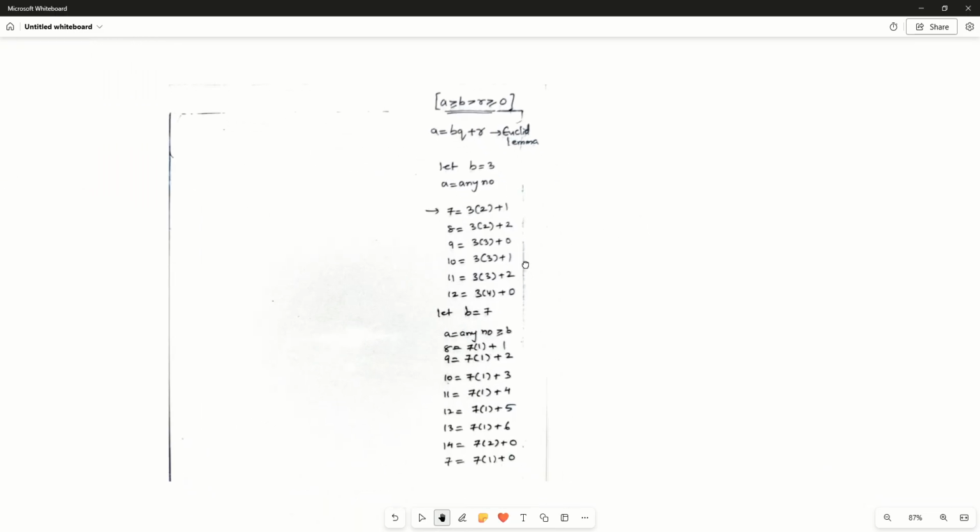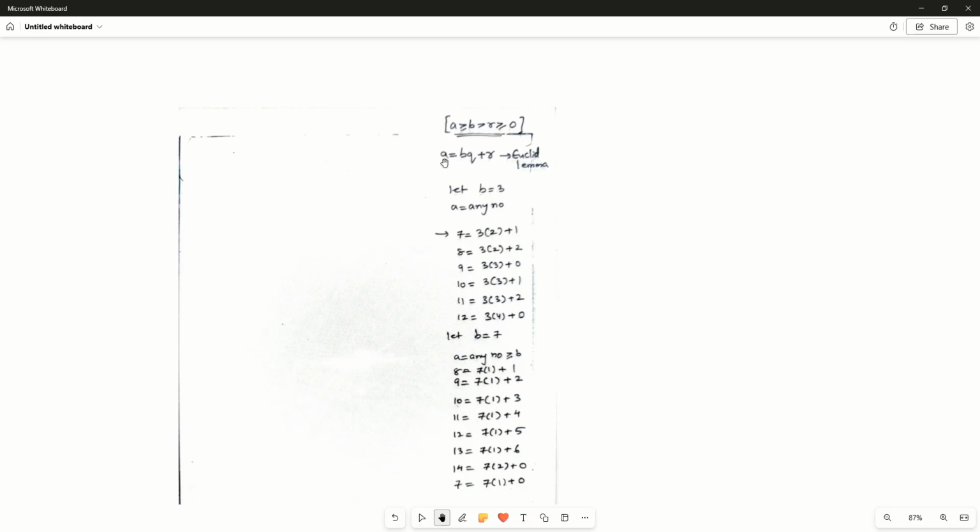Now if you look closely here, we can use this lemma, or the expression a is equal to bq plus r, where a is greater than or equal to b and b is greater than r is greater than or equal to 0. For example, if I consider a to be any number, we can start from 6 here. 6 is equal to 3 times 2 plus 0.